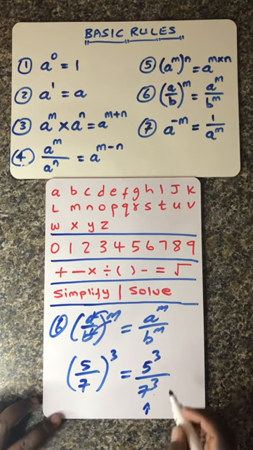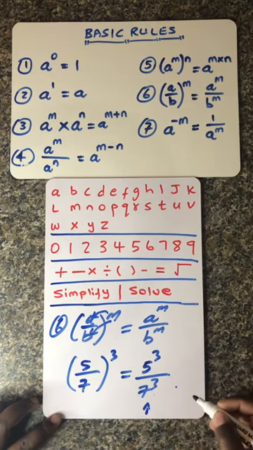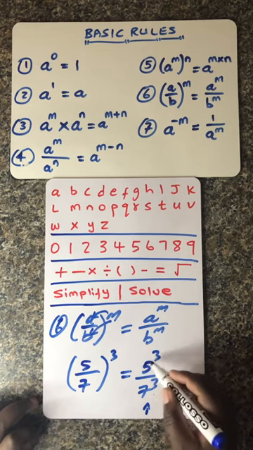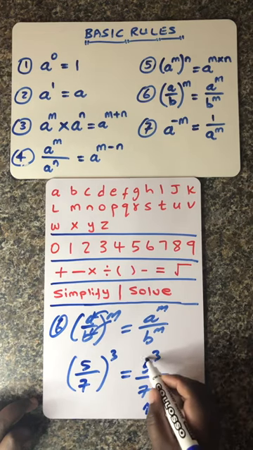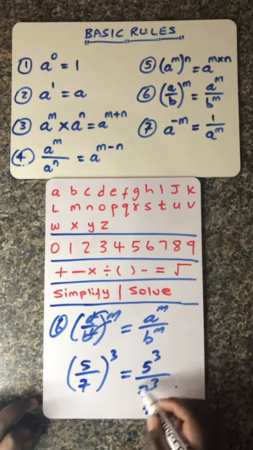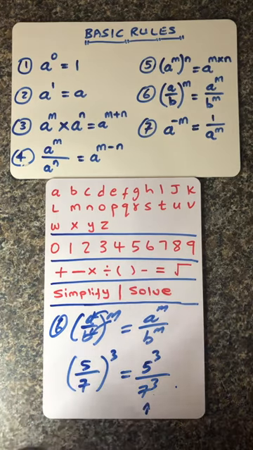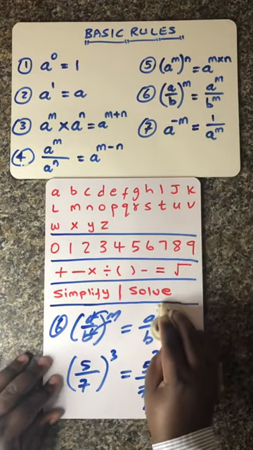But you cannot say 5 to the exponent 3 minus 3. Why? Because your bases are not the same. Okay, I think you do understand that part, which is rule number 6.